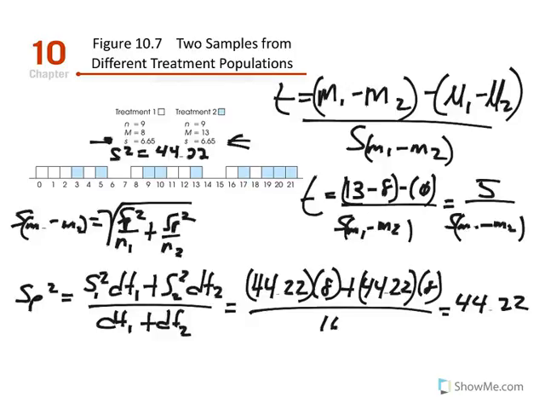So our pooled variance is equal to 44.22. In our text, it does reference 44.25, but that is a typo. The calculation should yield 44.22.